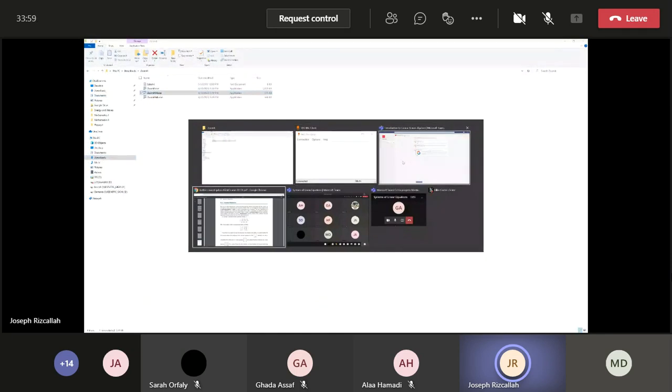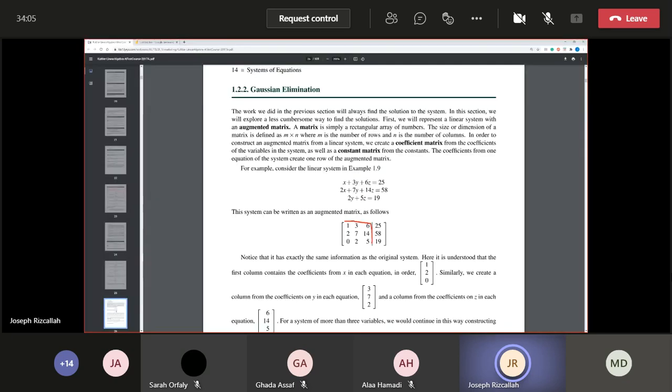Okay, so these coefficients here, this matrix here, are the coefficients of these equations. So this is the 1, which is this one here, the 3, which is this 3 here, the 6 here, and so on.